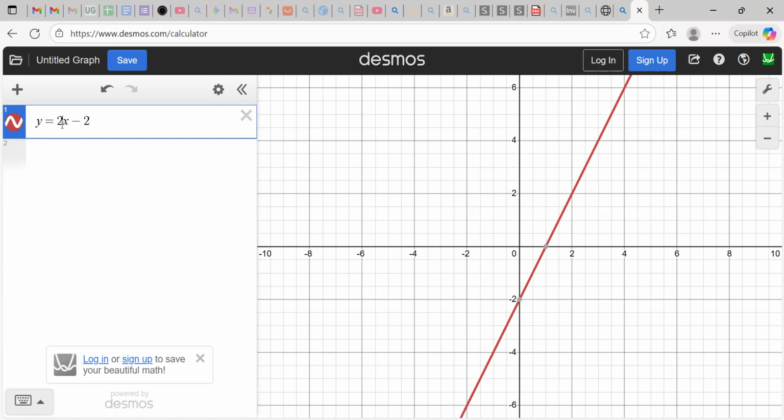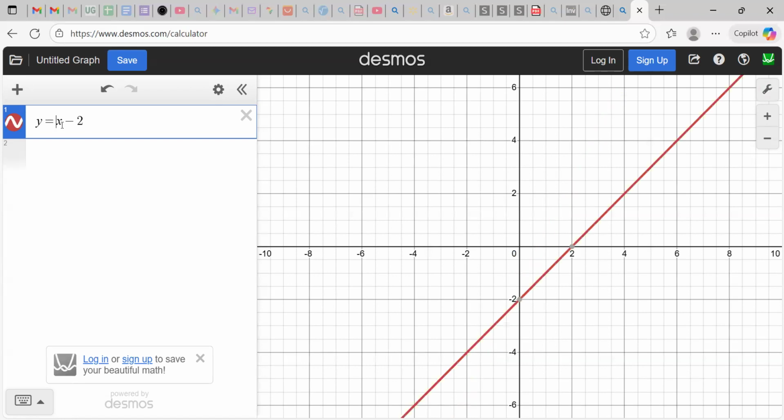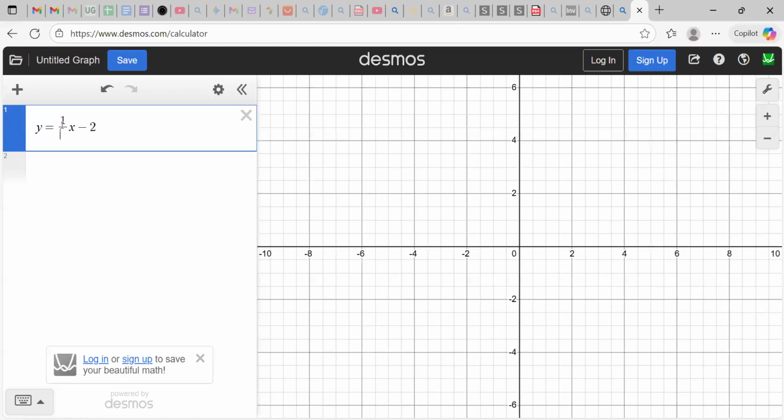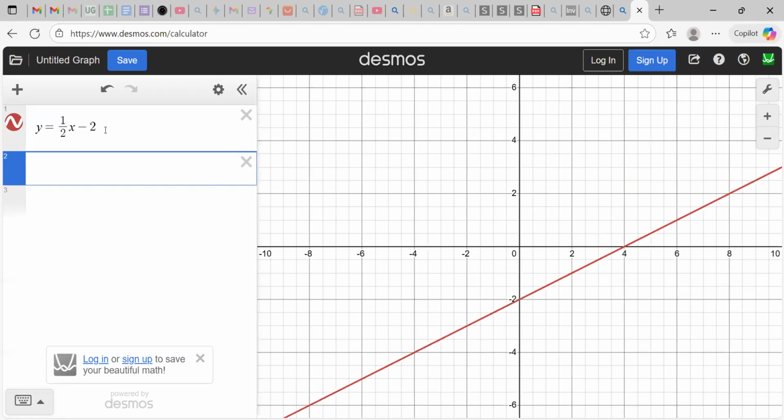Let me go with 1/2. Let's go with that. And I'm going to go with y equal. Remember, I have to use y, right? I can't use inverse. So what will this be?